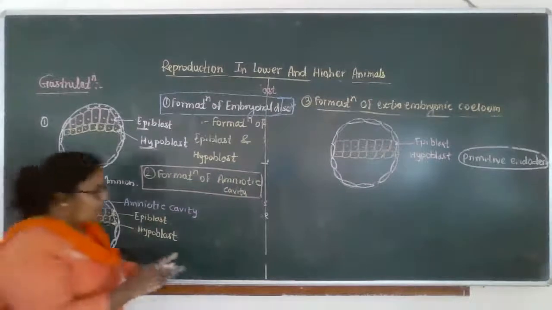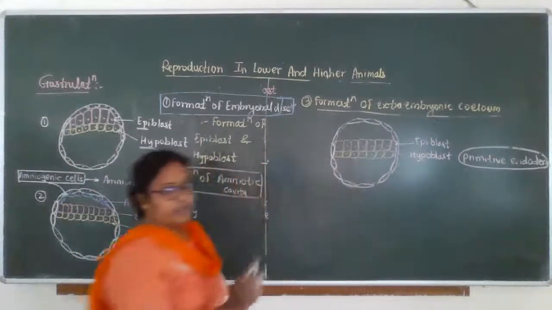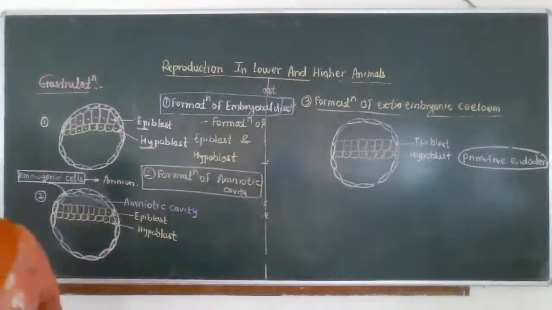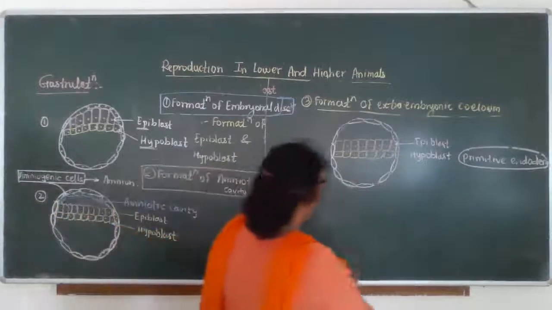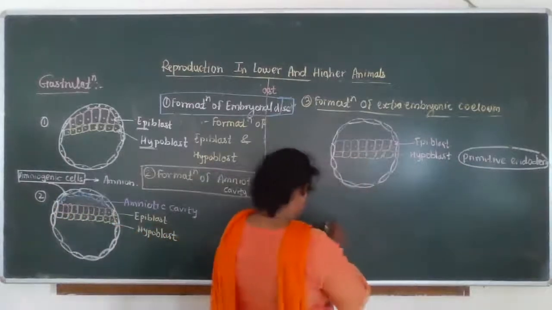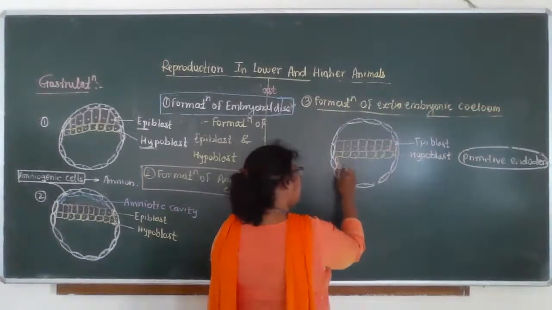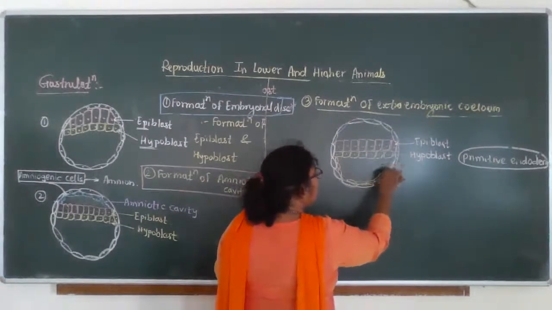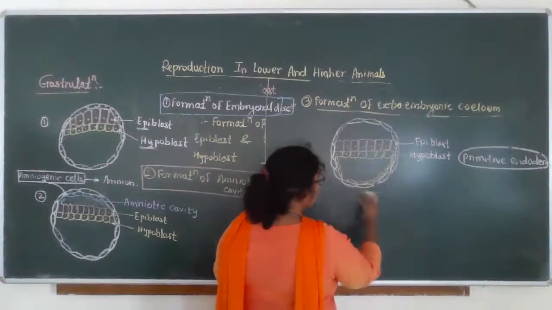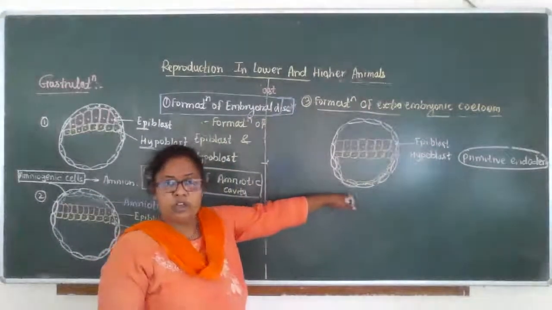Then these hypoblast cells start dividing to form the extra-embryonic endoderm. These cells, which I am showing in yellow, divide mitotically and form the inner boundary of the trophoblast layer at the embryonal knob site.